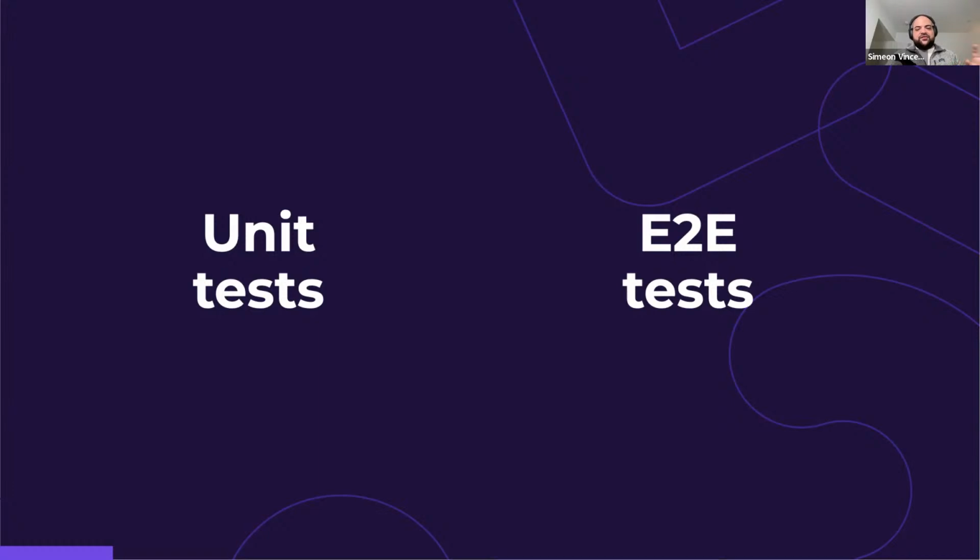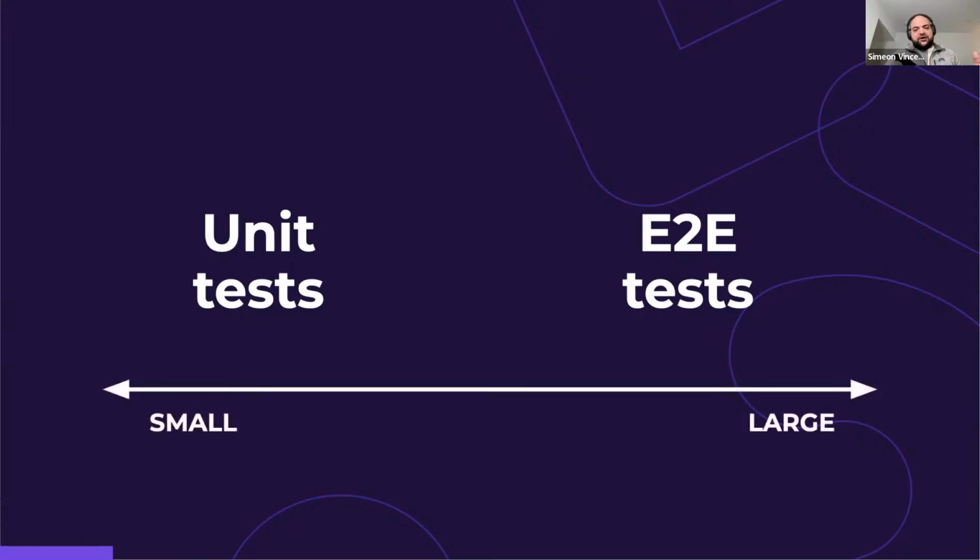These are related concepts, but they exist on a spectrum where unit tests are small, individual, discrete pieces of an application, say a function that you're working with, or a particular system. End-to-end testing focuses on the entire system, the entire platform.